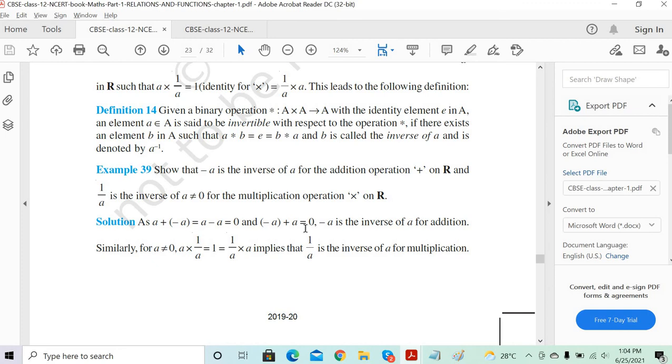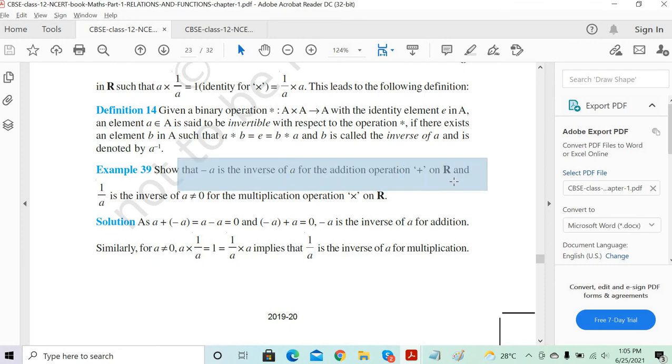Show that minus a is the inverse of a for the addition operation plus on real numbers, and 1 by a is the inverse of a, a not equal to 0, for the multiplication operation on R. For the plus operation, he's telling that minus a is the inverse of a.